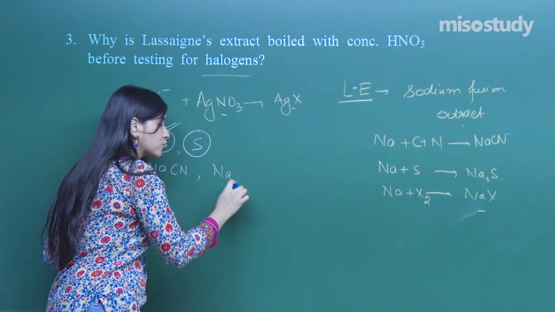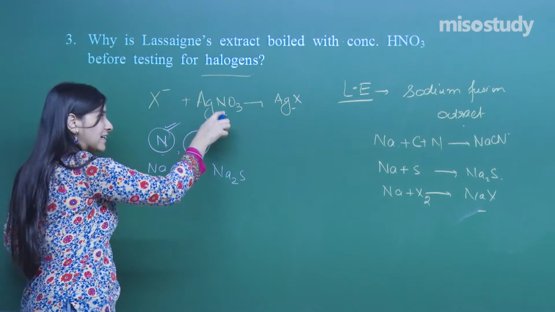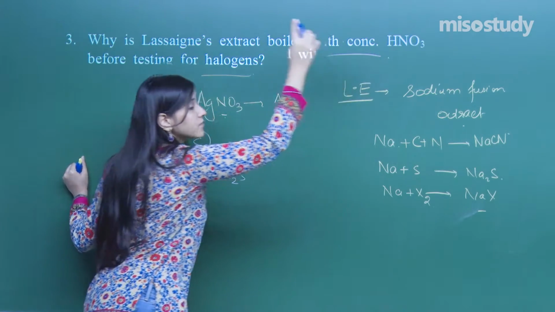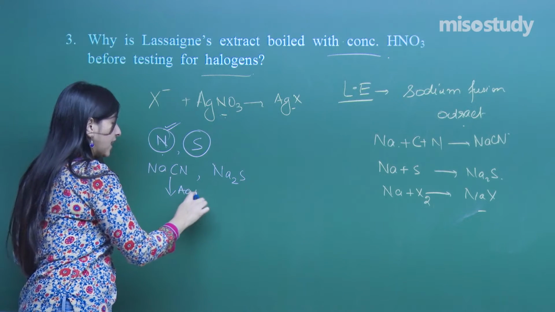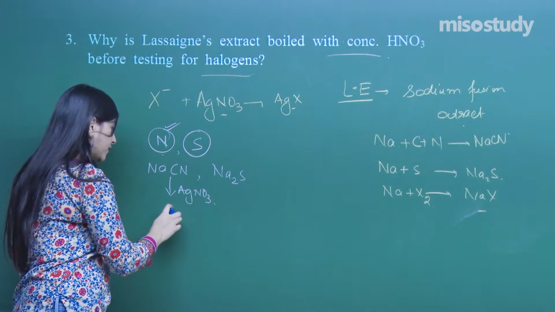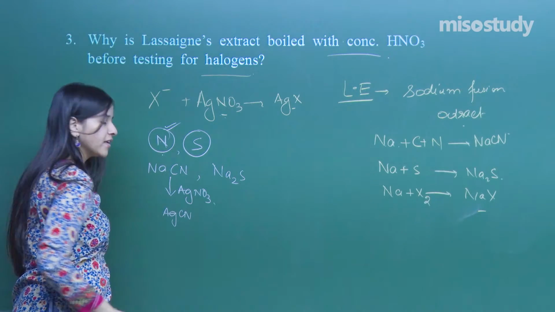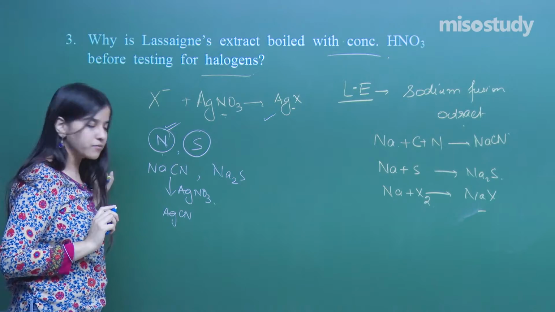And LE will also be containing Na2S, fine. So if I directly add AgNO3 before adding this concentrated HNO3, it gets converted into AgCN, right? I cannot get this particular test. I cannot get AgX formed.